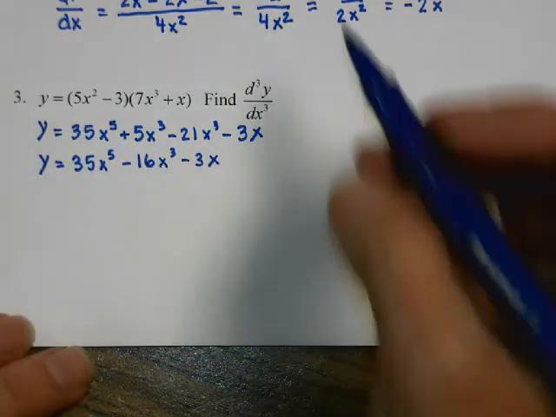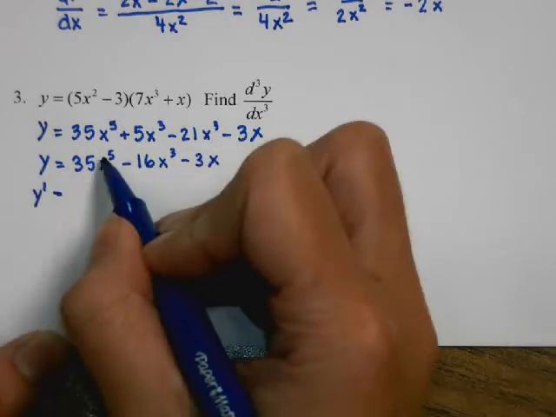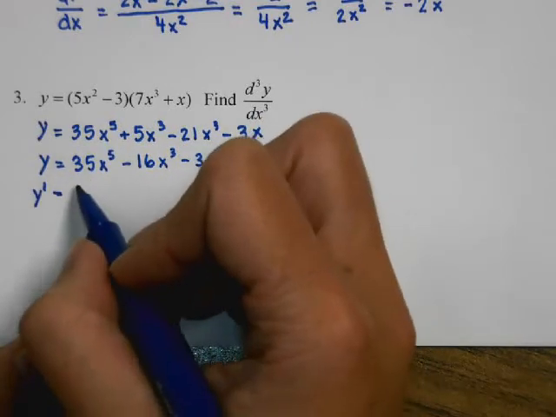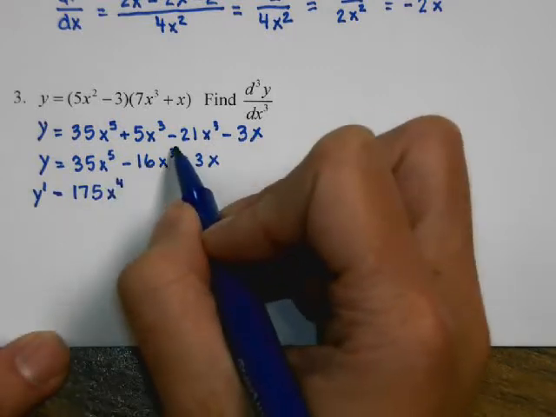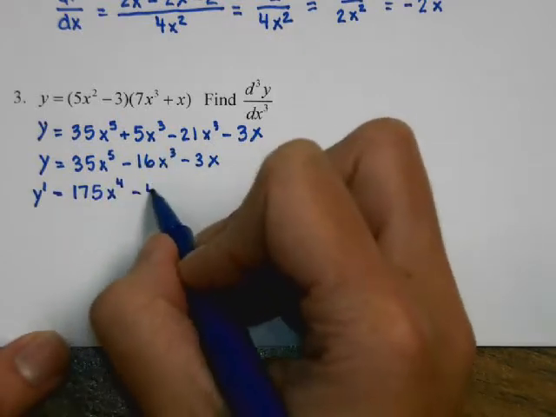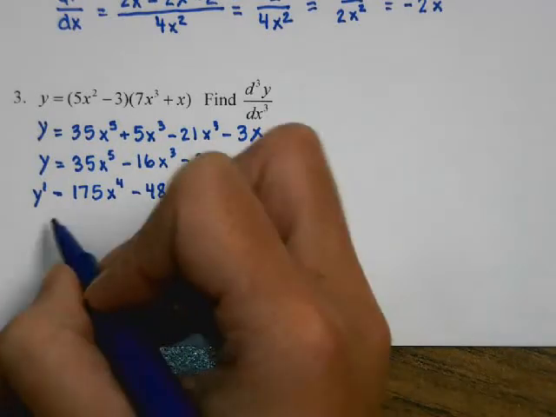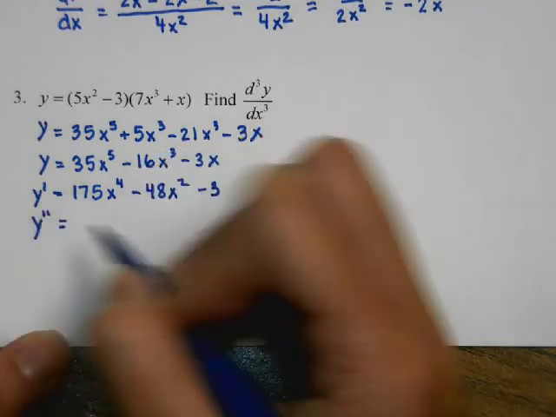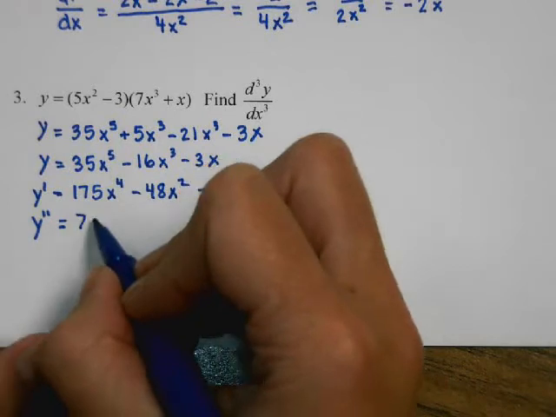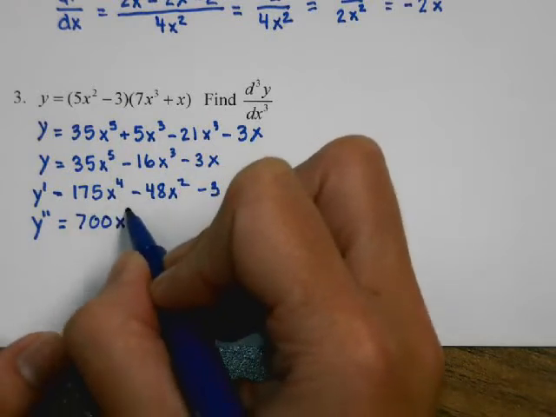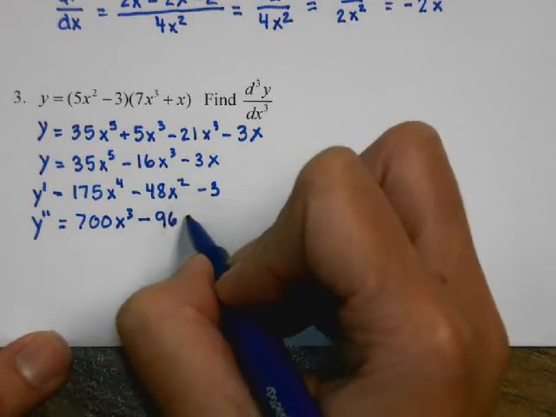So I'll combine those like terms. Now I'll take the derivative until we get to the third derivative. So y prime, 5 times 35 is 175 x to the 4th, 16 times 3 is 48, x squared, minus 3. Our second derivative, 175 times 4 is 700x cubed, 48 times 2 is 96x.